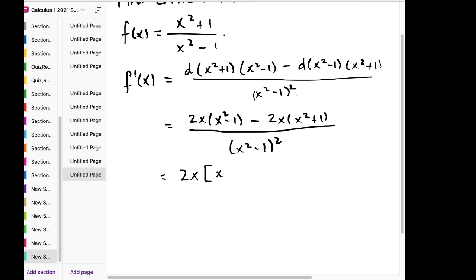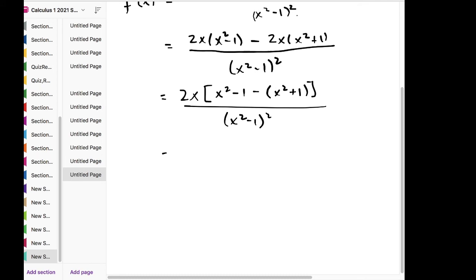We have x squared minus 1 minus x squared plus 1. So this simplifies to negative 2, because the x squareds cancel, and then this is minus 1 minus 1, so it's minus 2.